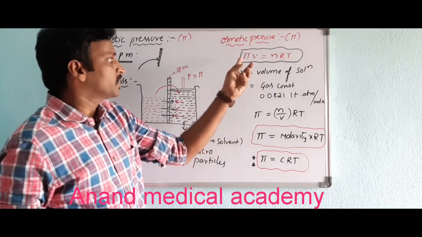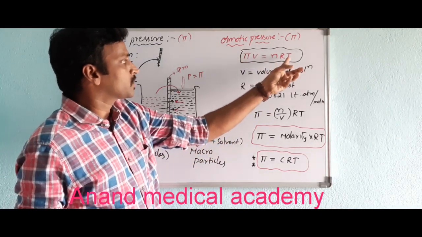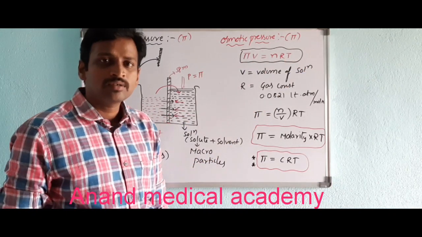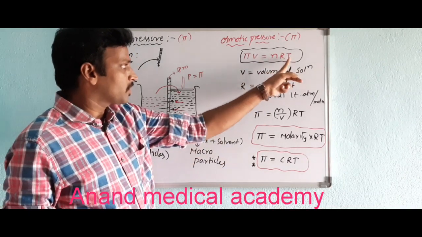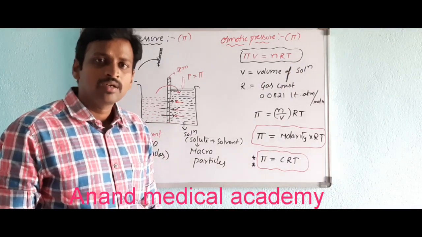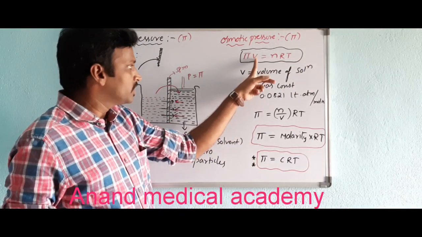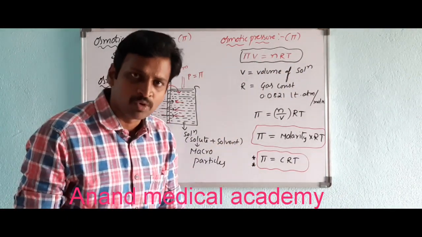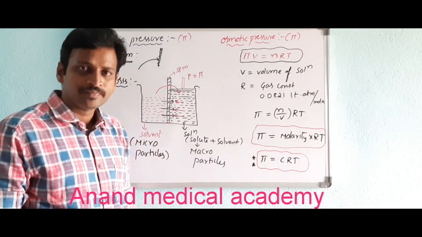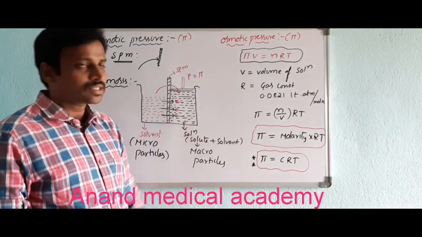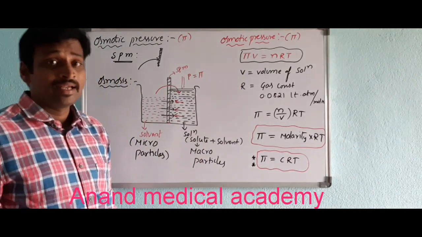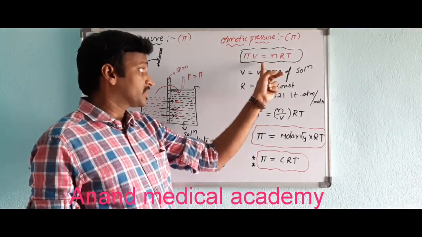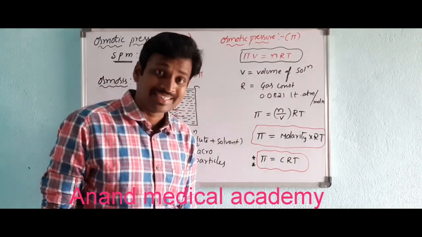Simple. Why did we take this? Yes, pressure is directly proportional to temperature, Gay-Lussac's law. Volume is directly proportional to temperature, Charles' law. Volume is directly proportional to number of moles, Avogadro's law. All those relations can be applied for ideal solutions. This was applied by Van 't Hoff, and this equation was given by that scientist.